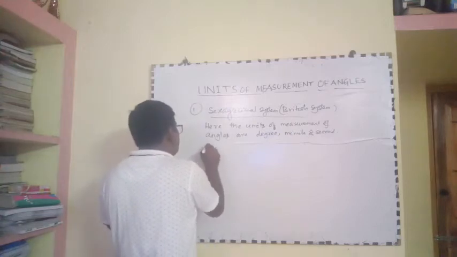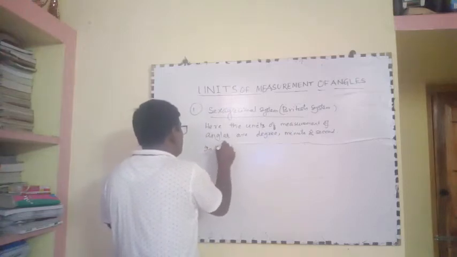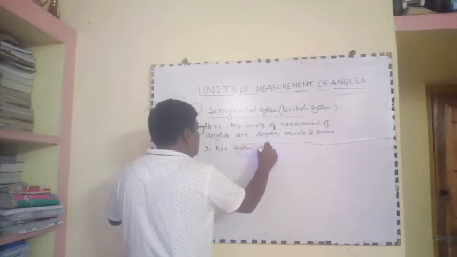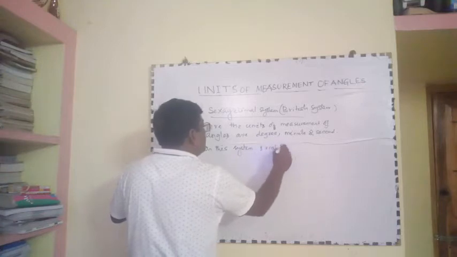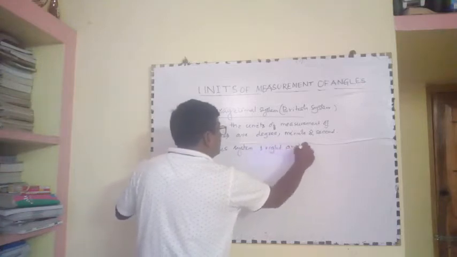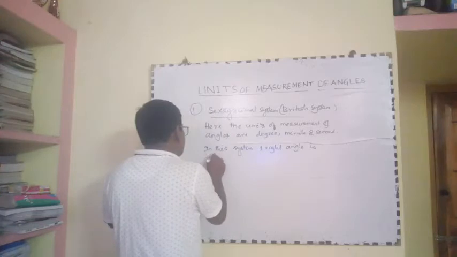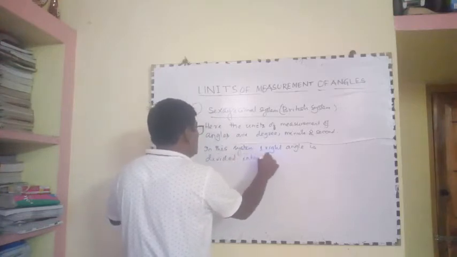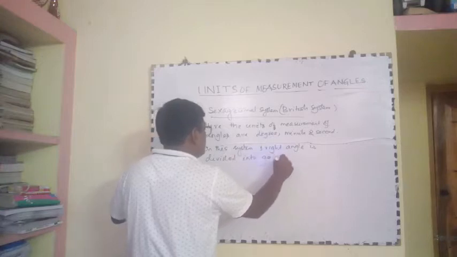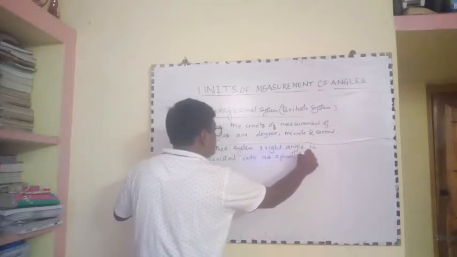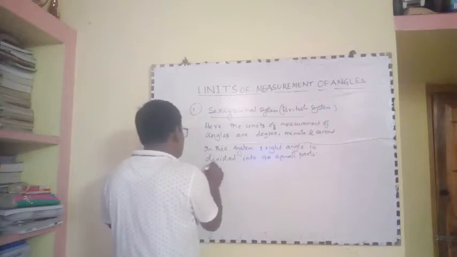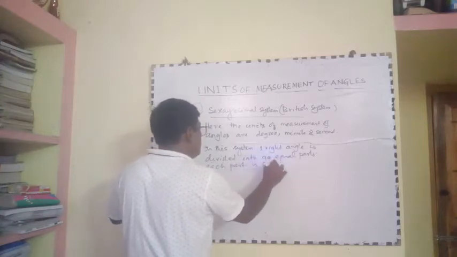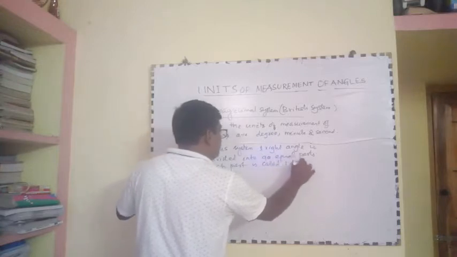In this system, one right angle is divided into 90 equal parts. Each part is called 1 degree.